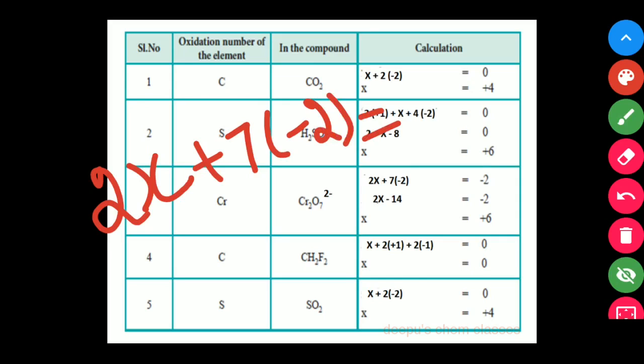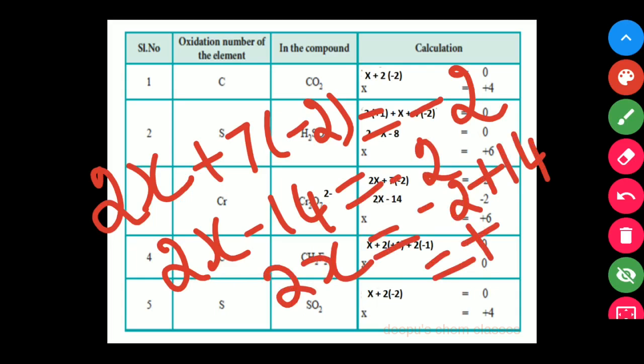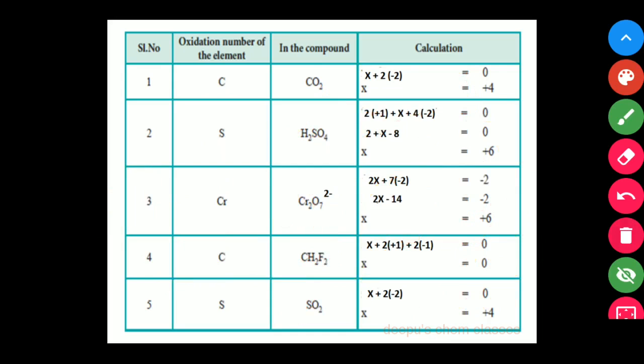The net charge is -2, so 2x minus 14 equals -2. 2x equals -2 plus 14, which is +12. Dividing by 2, x equals +6. The oxidation state of chromium is +6.